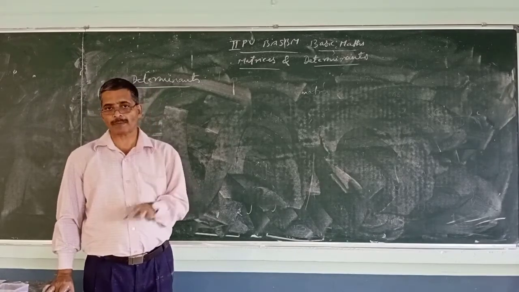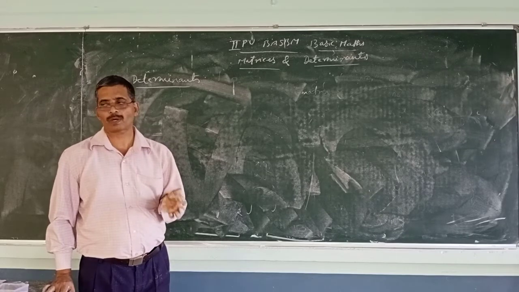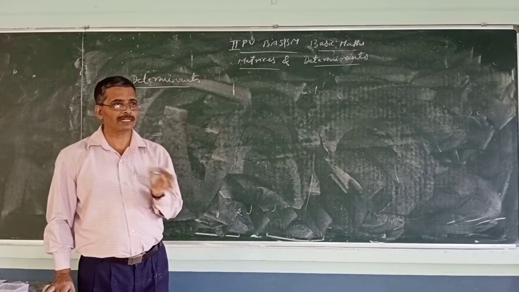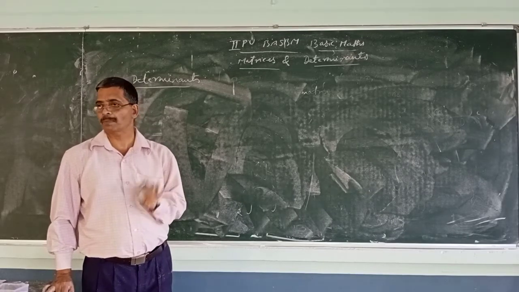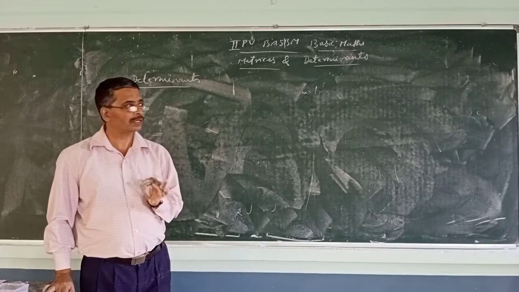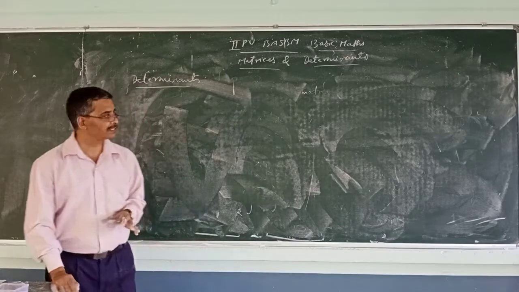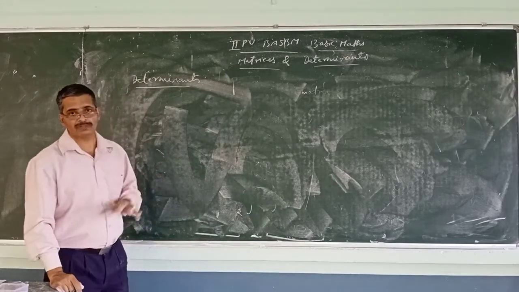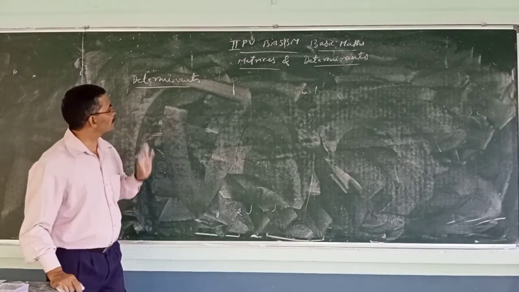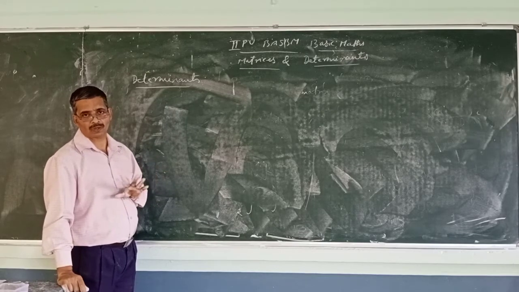So every square matrix has a number called its determinant. How is it calculated? Let's see. And what is the symbol we are using? First we start with one row, one column.